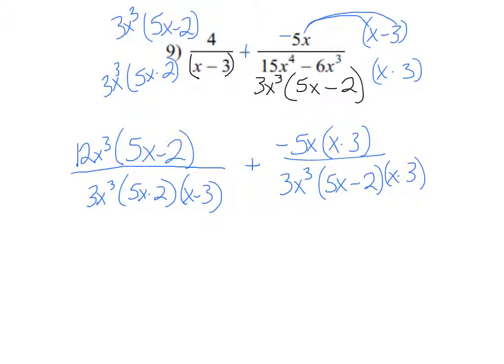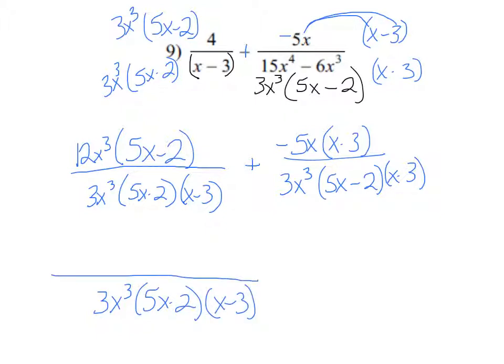All right, so let's distribute and write this all as one big fraction. My common denominator is 3x cubed, 5x minus 2, x minus 3. My numerator's going to distribute. It's going to be a 60x cubed minus 24. Oops, that's actually going to be an x to the 4th there.